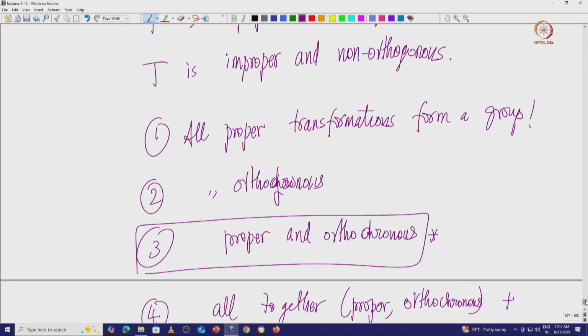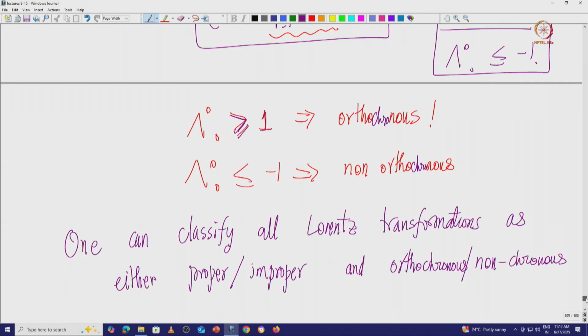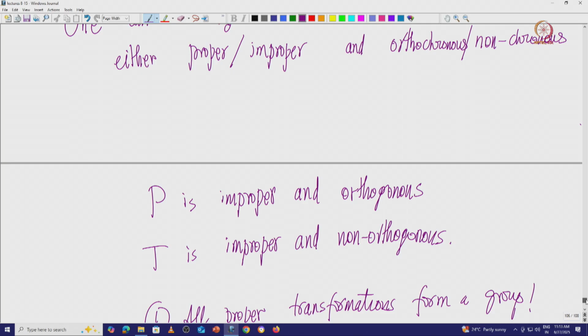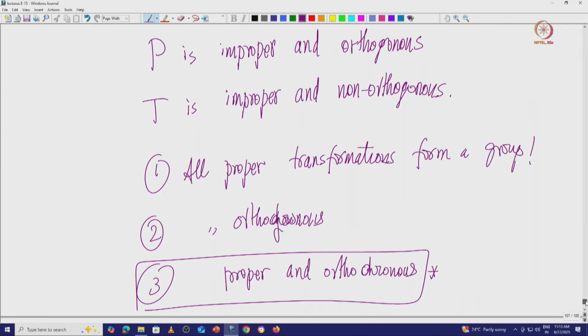So we have seen that these proper, orthochronous or non-orthochronous subgroup transformations of the Lorentz group also form groups. They also form continuous groups essentially.